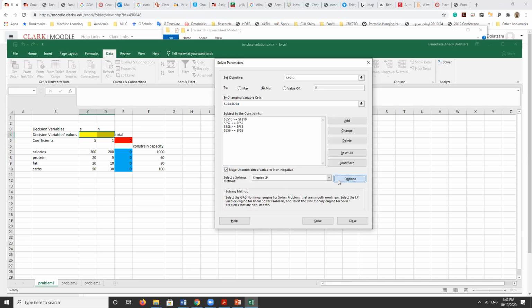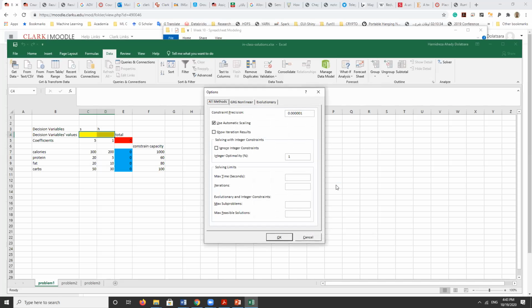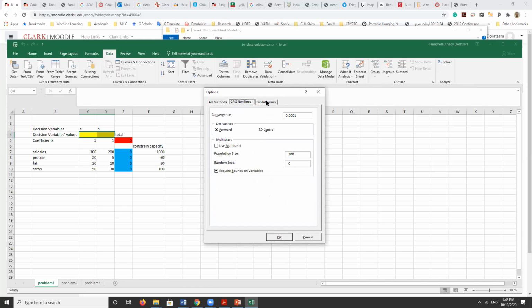For all of your problems, please choose Simplex LP. And what else? Let's see. I think for the rest you can use the default.